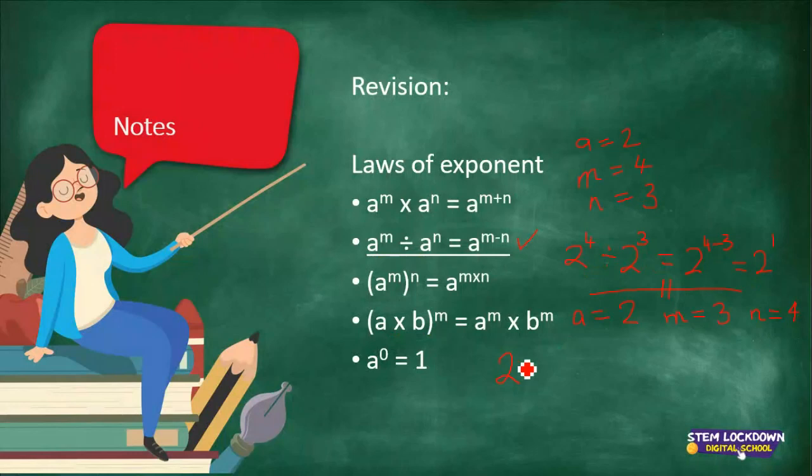My m in my second example is 3, so 2 to the power 3, divided by, remember I can write it in this format as well, my a again is 2, so divided by 2 to the power n.